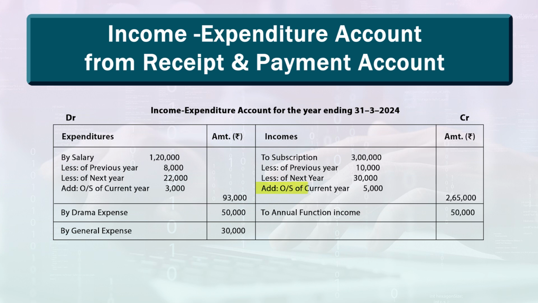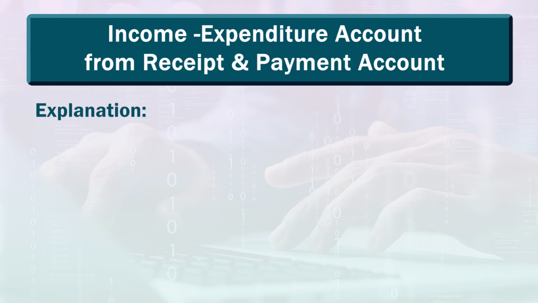In it, we add outstanding of current year of rupees 5,000. The amount recorded is 2,65,000. After that, the income recorded is annual function income of 50,000. Let us see the explanation.